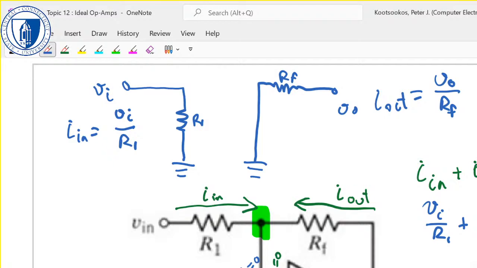And if we multiply both sides by minus RF, we get V out equals minus RF on R1.